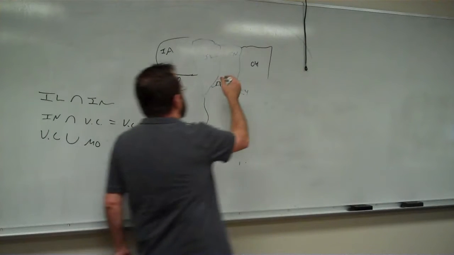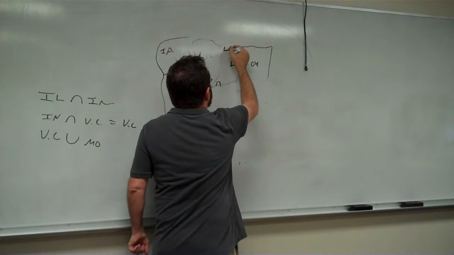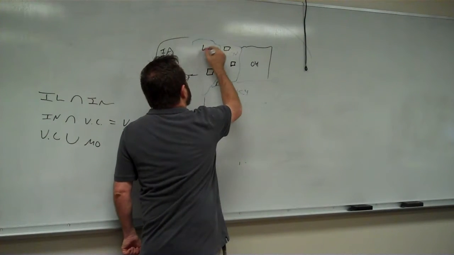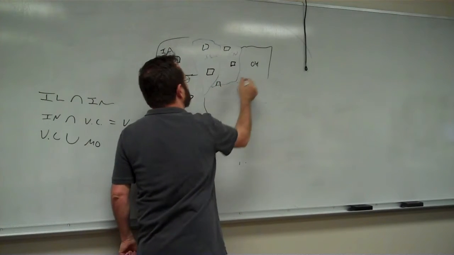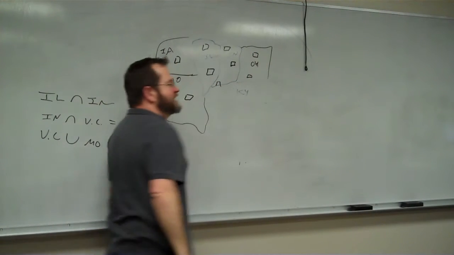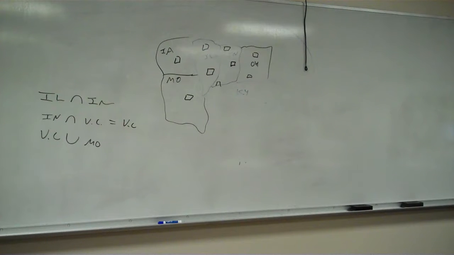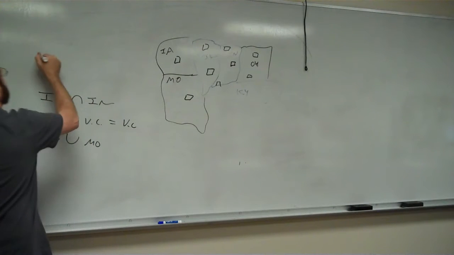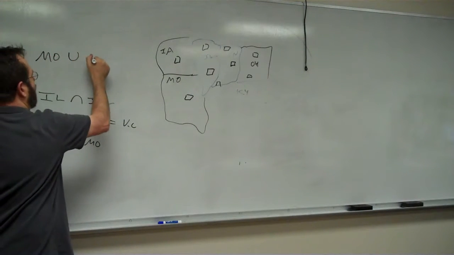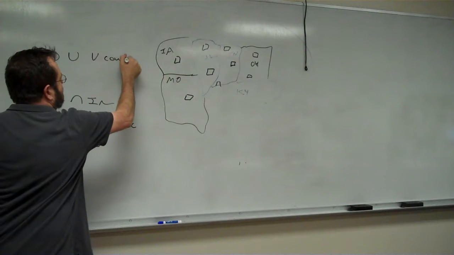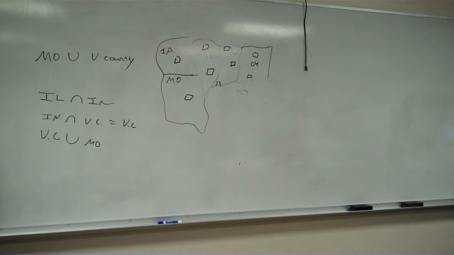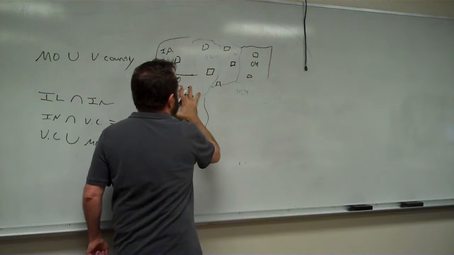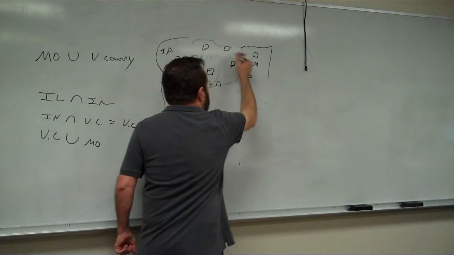It could be in all the little boxes that I'm drawing here. Those are counties that start with the letter V. I don't actually have the slightest idea. Okay? Those are counties that start with the letter V. The meteor struck in Missouri or a V county.